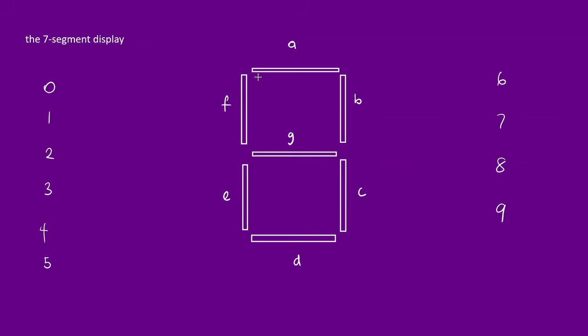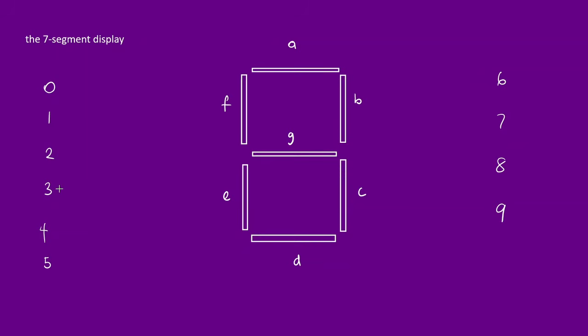Let's say we want to represent 3. You can figure out that if I shade A, shade G, shade B, shade C, and shade D, then I'm going to have something that really looks like a 3, if you squint your eyes and imagine it done correctly. So 3 is going to be A, B, C, D, G. That's the entire logic.